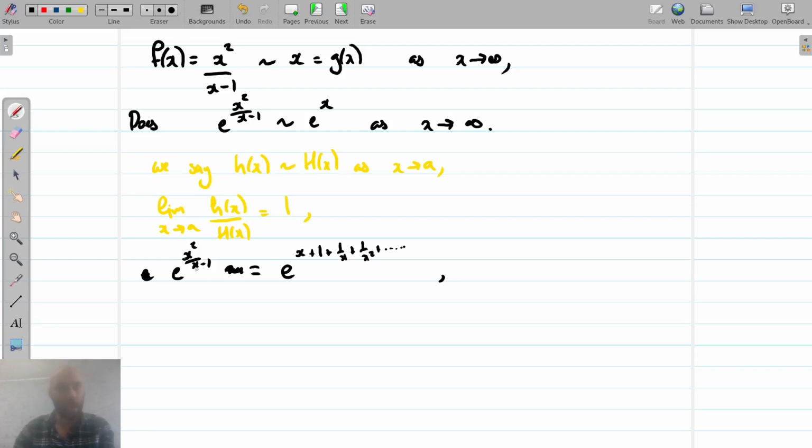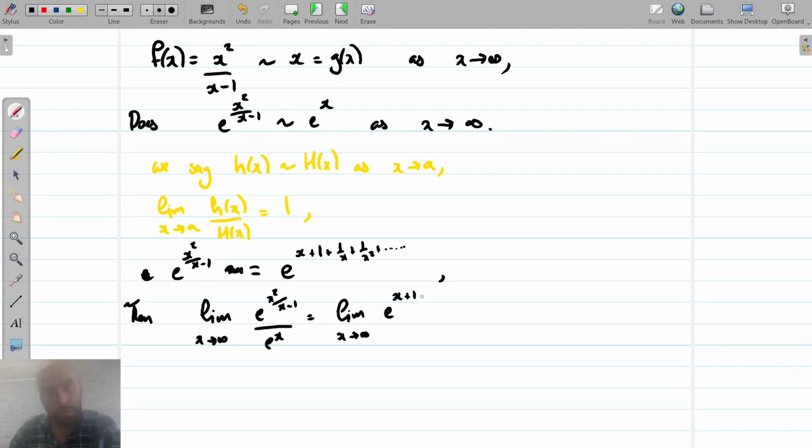So now that I've got this as the case, the limit as x tends to infinity of e to the x squared over x minus 1 divided by e to the x must be equal to the limit as x tends to infinity of e to the x plus 1 over x plus 1 over x squared divided by e to the x.